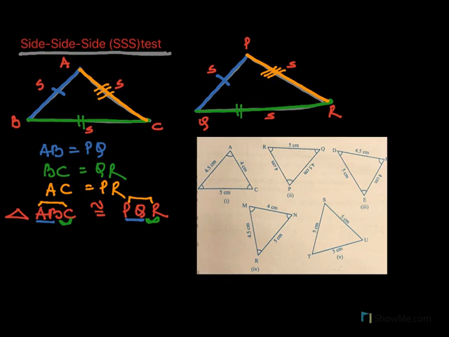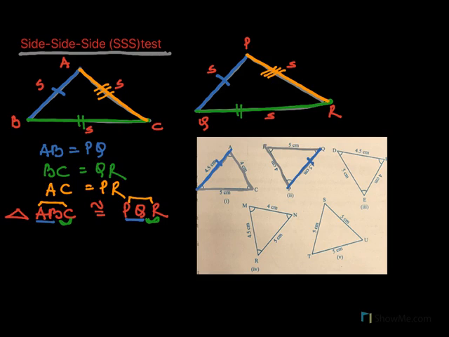Now this is a picture from your textbook. Let's see, is this ABC congruent to this triangle? Let's mark the things that are equal. Here AB is 4.5, and this is also 4.5, so we got one side equal.